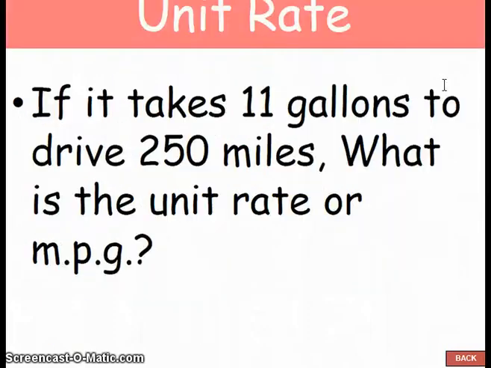Let's look at another one here. If it takes 11 gallons of gas to drive 250 miles, what's the fuel economy on it? So what is the unit rate or miles per gallon? This is something that you hear about a lot. What's the gas mileage on your car type of thing. So if you reset your odometer when you fill up with gas and it takes you 11 gallons, you can calculate that.